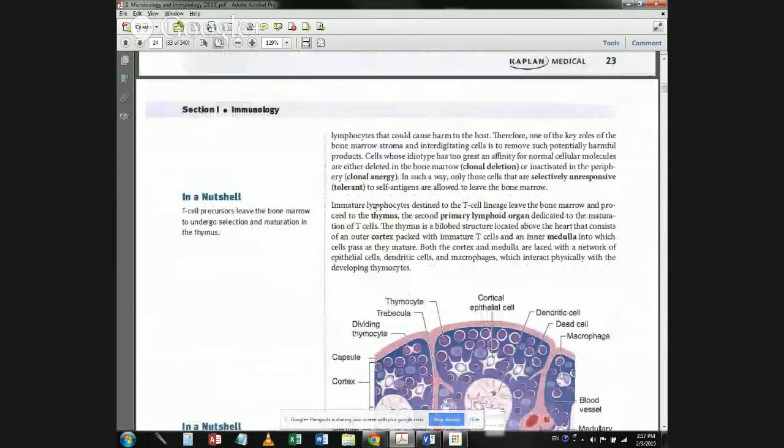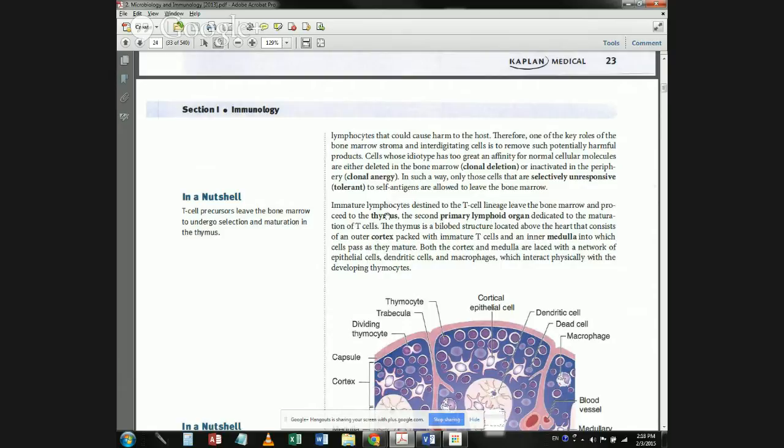So immature lymphocytes that are destined to be the T cell lineage leave the bone marrow and proceed directly to the thymus, the second primary lymphoid organ dedicated to the maturation of T cells. They undergo a further specialization process.